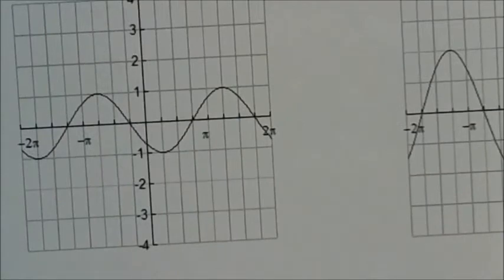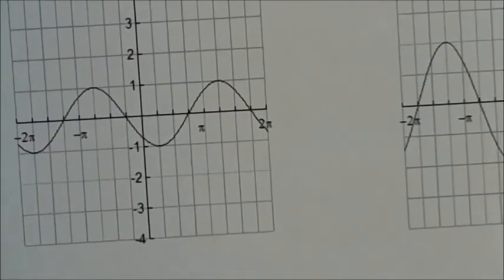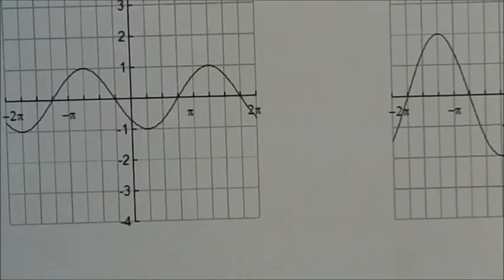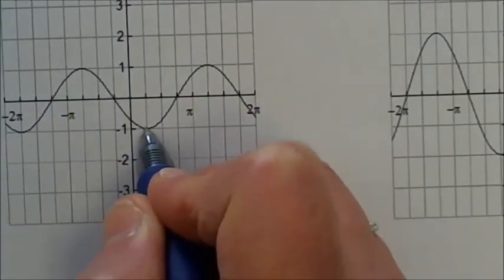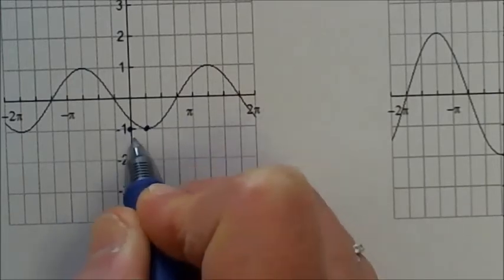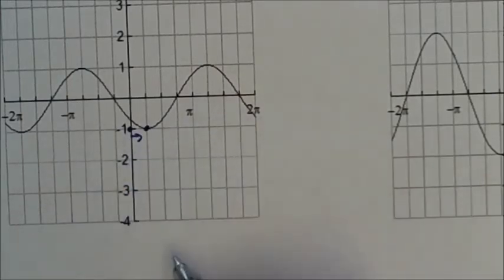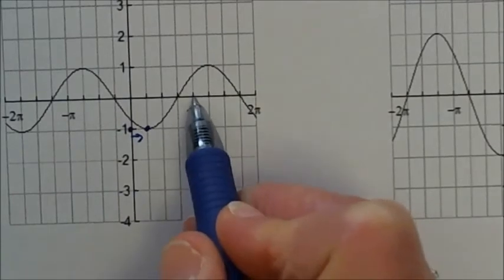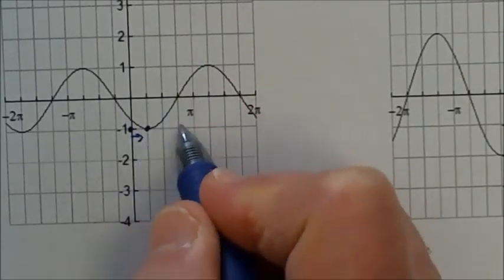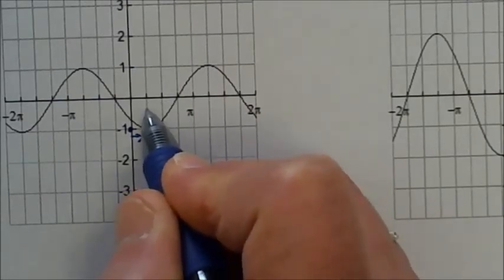So let's choose. What do we want to do first? I don't know. I see this as an inverted cosine curve. All right. I'm looking at this point. Instead of being here at 0, -1, it's been shifted this amount. What is this amount? Well, this is pi, and this is broken up into 4 intervals. So this must be pi over 4.